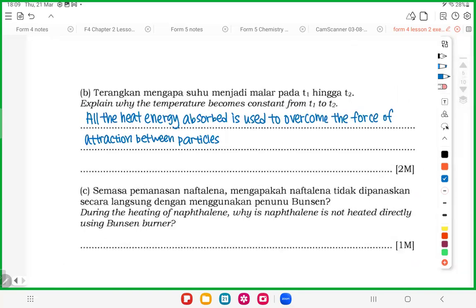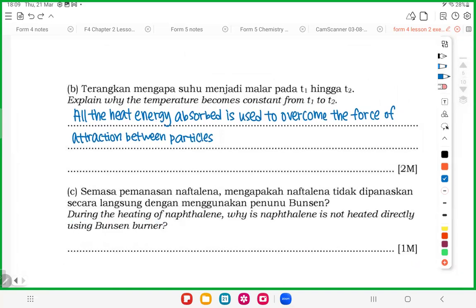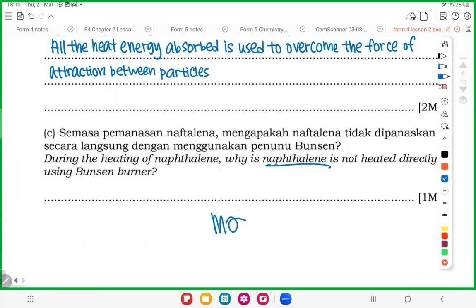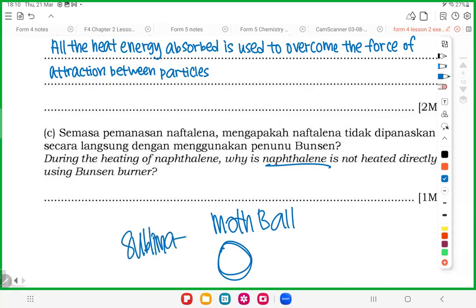During the heating of naphthalene, why is naphthalene not heated directly using a Bunsen burner? This is a very interesting one. For your information, this is extra knowledge. Naphthalene is called mothball. You can Google mothball. It is a white ball that in daily life we put in wardrobes to get rid of cockroaches, because naphthalene undergoes sublimation.